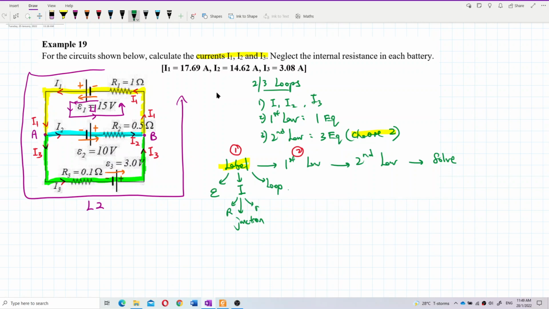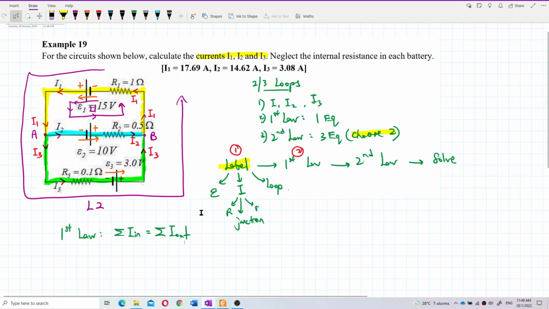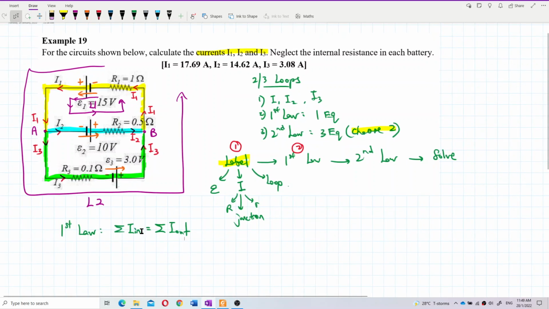Now let's do the questions. First law. My first law is current in, current out. This is called the junction law, so I need to choose a junction.